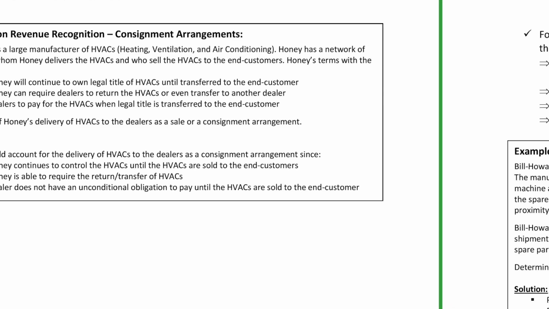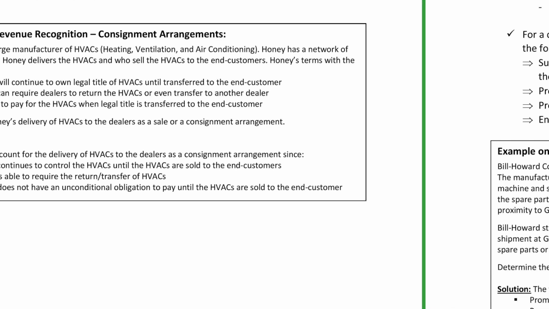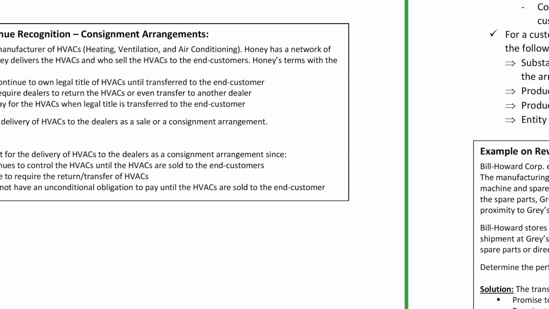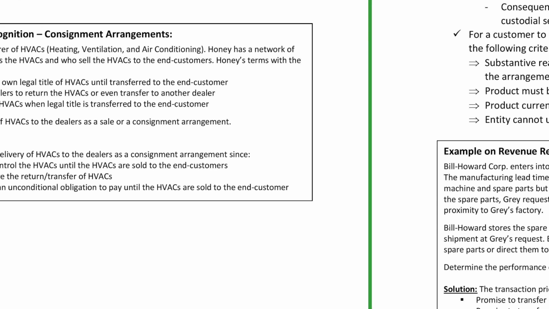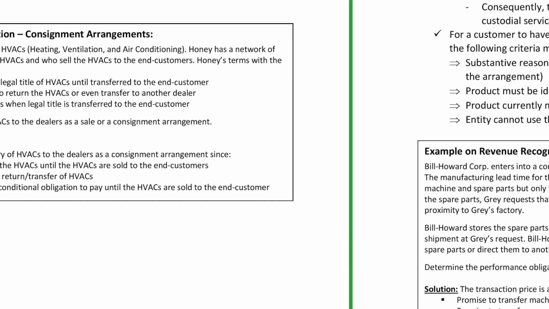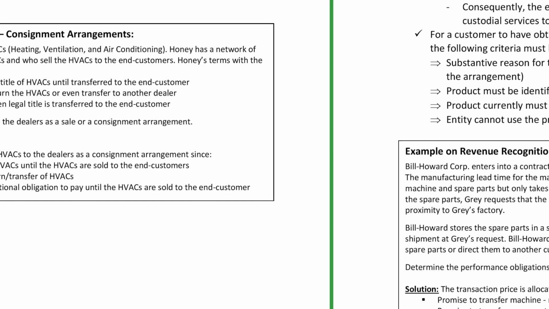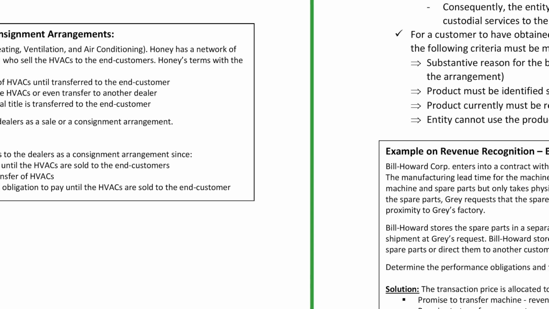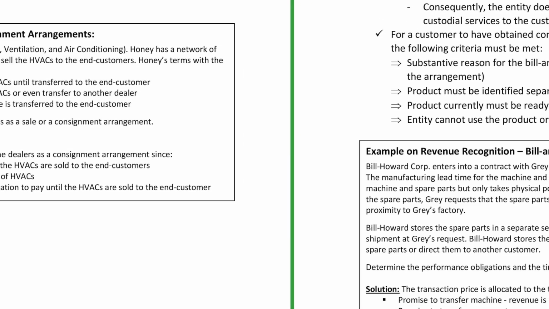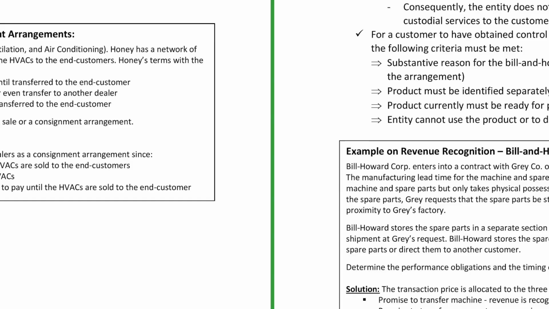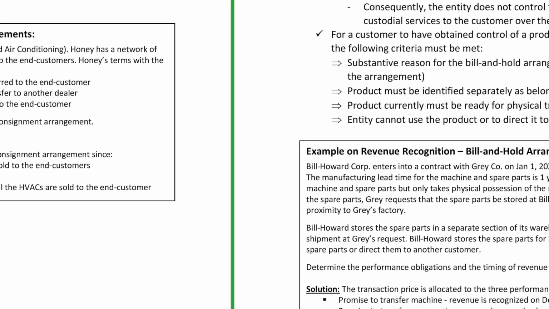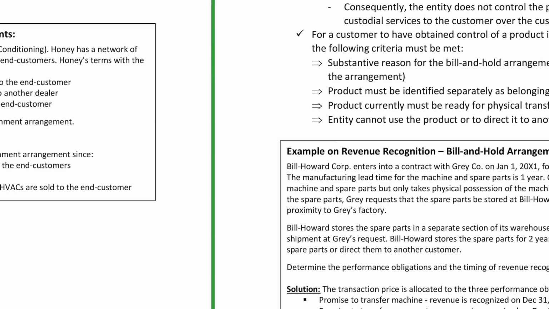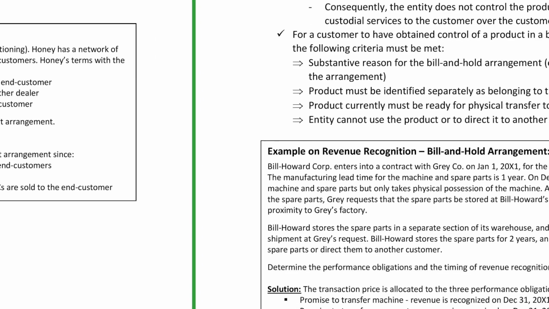Honey's terms with the dealers: number one, Honey will continue to own legal title of HVACs until these are transferred to the end customer. Number two, Honey can require dealers to return the HVACs or even transfer to another dealer. Dealers are supposed to pay for the HVACs when legal title is transferred to the end customer.